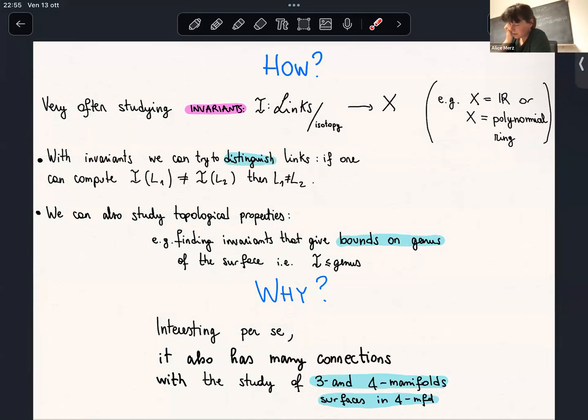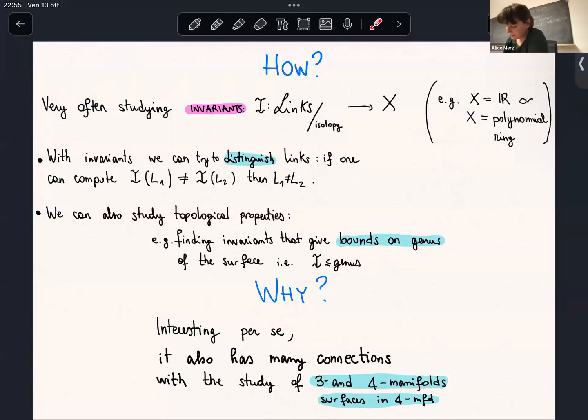That was the first goal of knot theory. In fact, if we can compute this invariant for 2 different links and see that they give a different result, then we can definitely prove that these links are different. And we can also use invariants in a smart way to study some topological properties. For example, we try to find invariants that give bounds on, for example, the genus of the surface we were talking about before, like in this way.